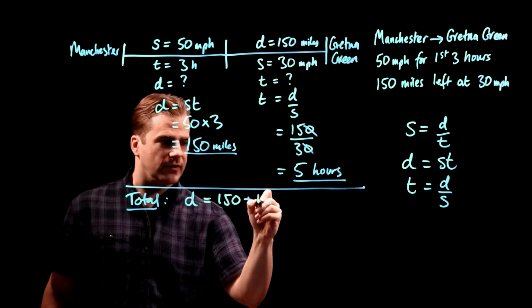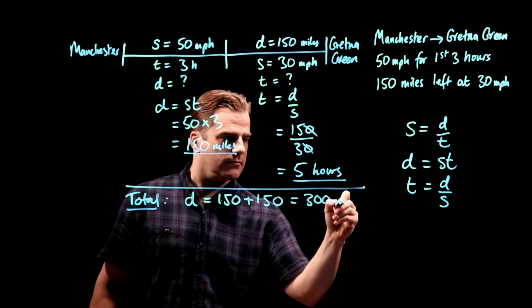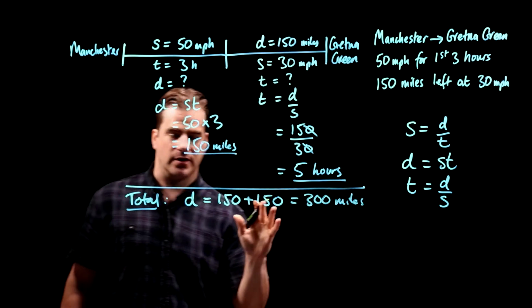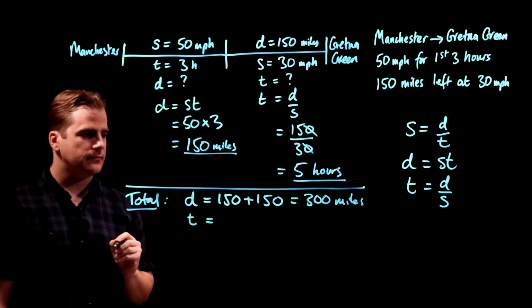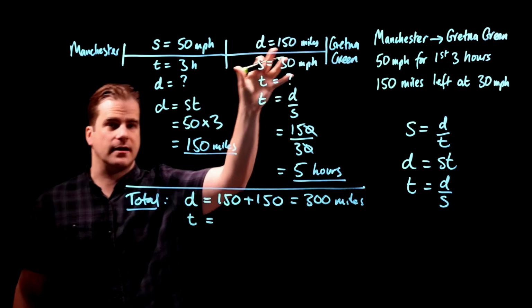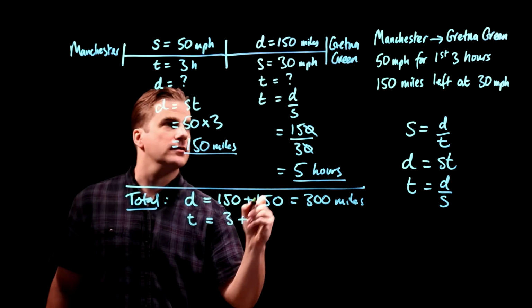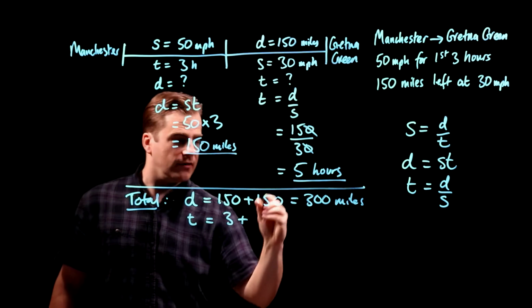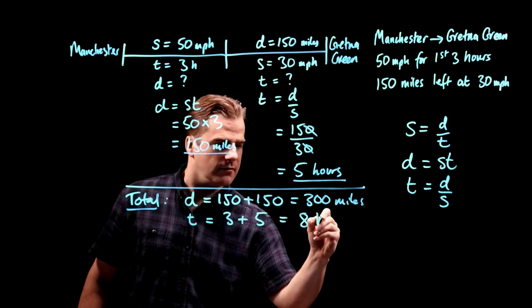So 150 plus 150, so 300 miles. We've got total distance. The total time is whatever that time is plus that time. So that's 3 hours plus time is 5 hours. Okay, so we've got total time of 8 hours.